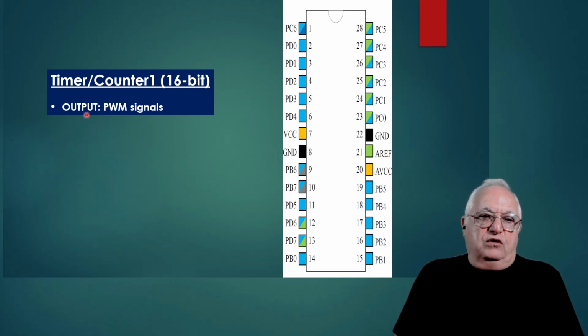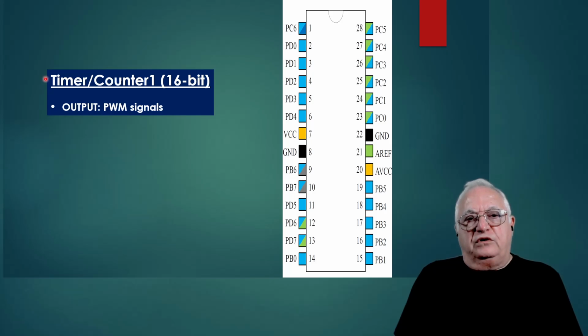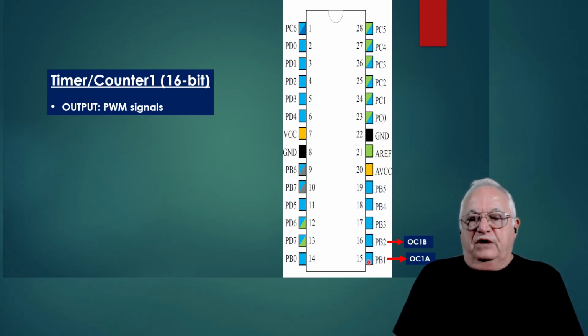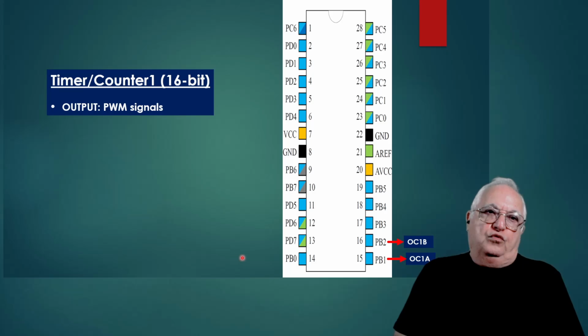Now, this is our microcontroller, and as I noted, I'm going to use timer counter 1, which is 16-bit, and we have two ports that we can use to put out our PWM signal.